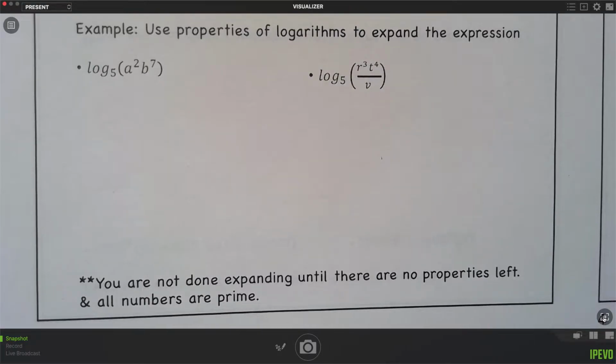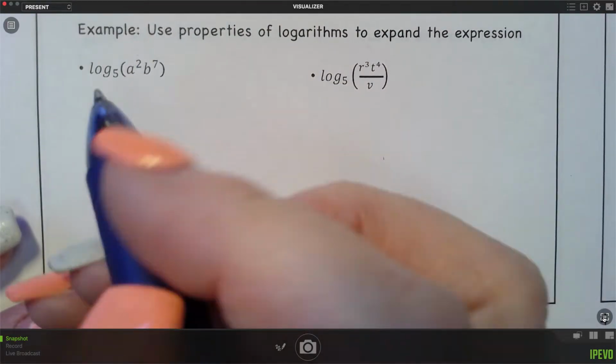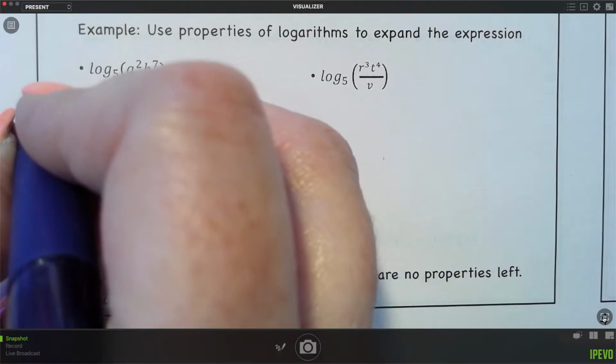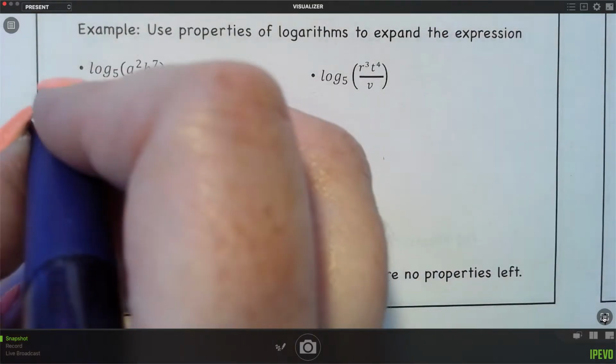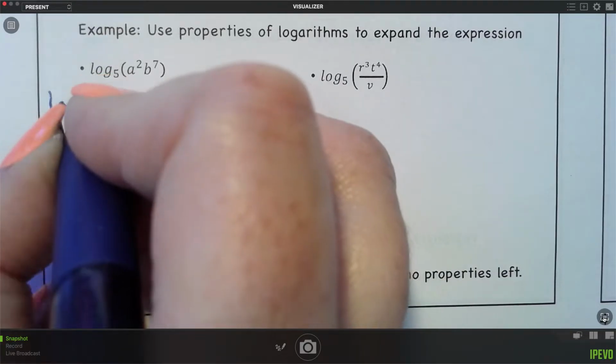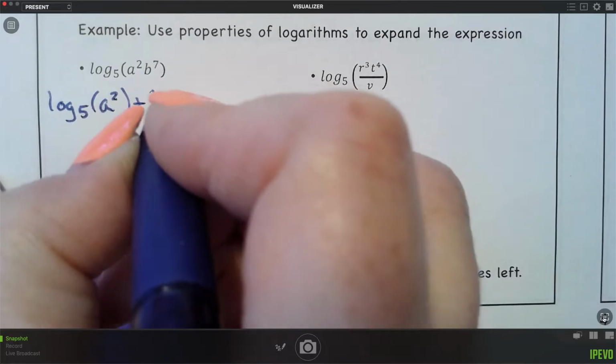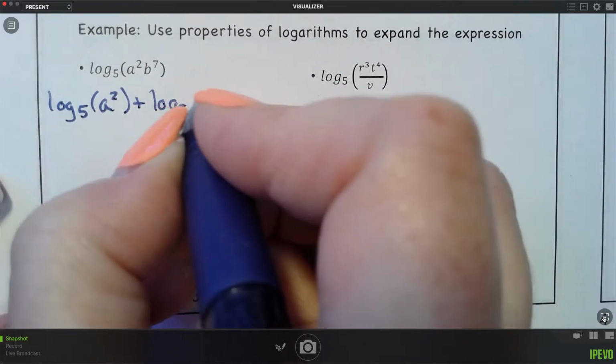Okay, so what do I do? I've got to take it to this multiplication, right? So with multiplication, we add. So log base 5 of a squared plus log base 5 of b to the 7th.